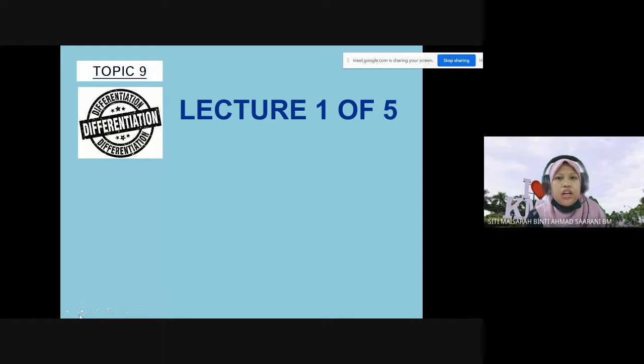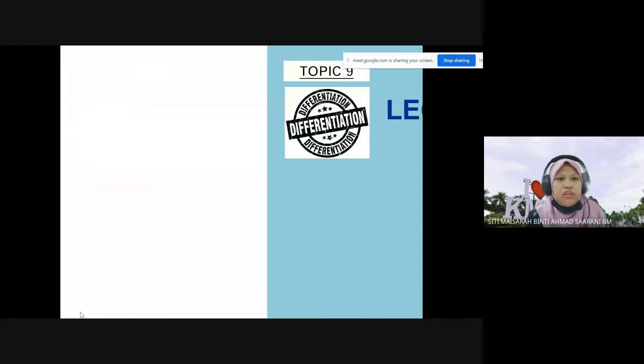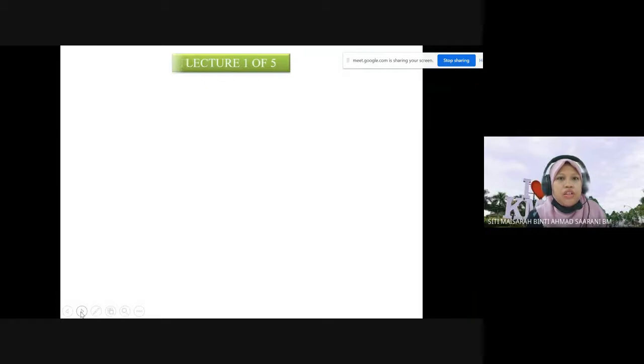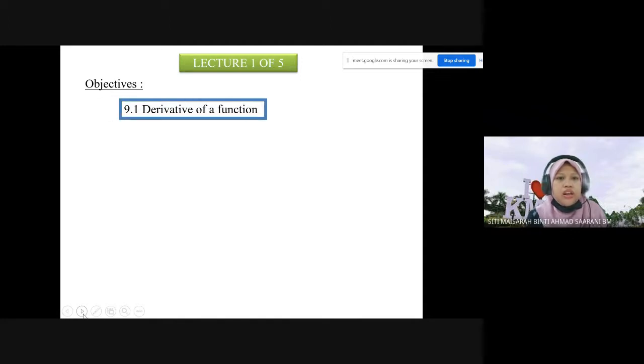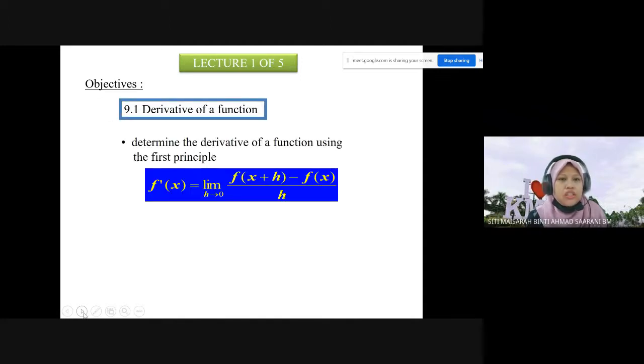For lecture 1 of 5, there are two parts. The first one is 9.1, derivative of a function. The first one is determine the derivative of a function using first principle. This is the formula of first principle: f prime x equals limit h approaches 0, f(x plus h) minus f(x), over h.